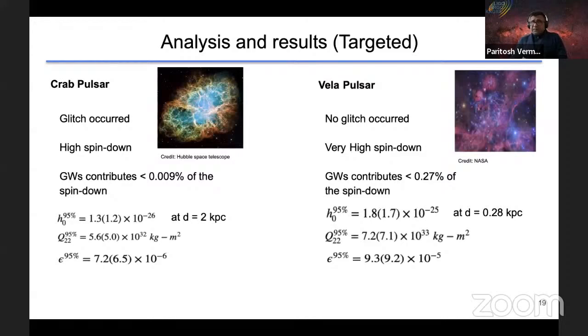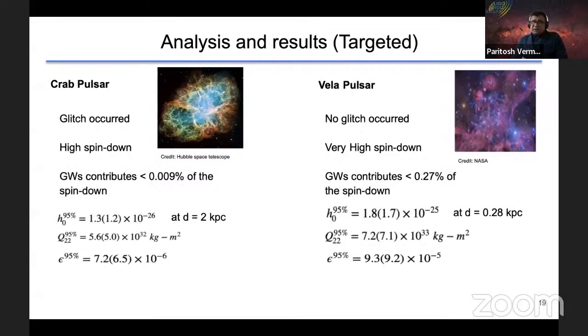For the Crab pulsar, a glitch occurred. I'll talk about glitches in a couple of slides after this. And there was no glitch in the Vela pulsar. Crab has a very high spin down, whereas Vela has a very high spin down limit. The gravitational wave contribution in the Crab pulsar is less than 0.009% of the spin down, whereas for the Vela pulsar, it is 0.2% of the spin down.